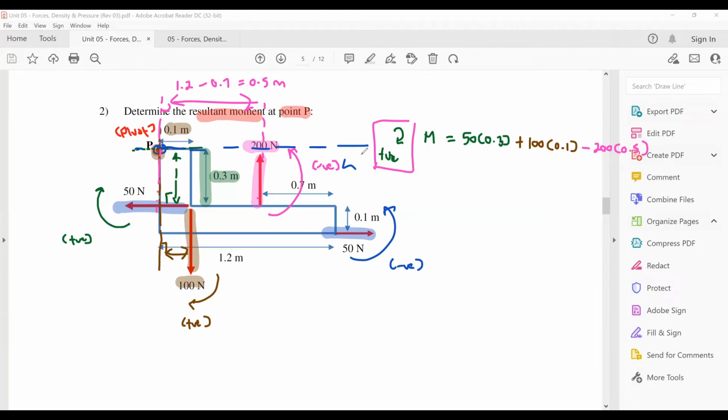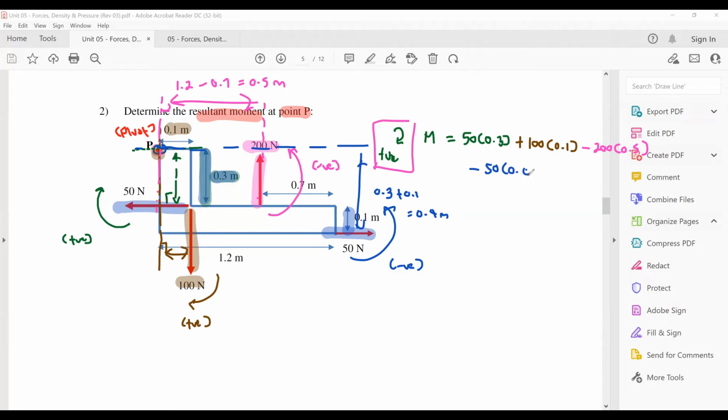This one is your perpendicular distance. To get this distance, you know this is 0.3 and you know this is 0.1. It's just a simple matter of adding them together. So this one will be 0.3 plus 0.1, giving you 0.4 meter. So this one will be negative 50 times 0.4.